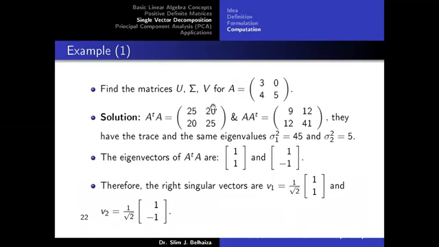Okay, so just a simple example. Here again, the same matrix. I'm decomposing how we got these things. So for the matrix 3 0 4 5, I computed A^T A, which is symmetric, as you see. Similarly, A A^T is symmetric. And we can obtain the common eigenvalues, sigma 1 squared and sigma 2 squared, 45 and 5. The eigenvectors of A^T A are (1,1) and (1,-1).